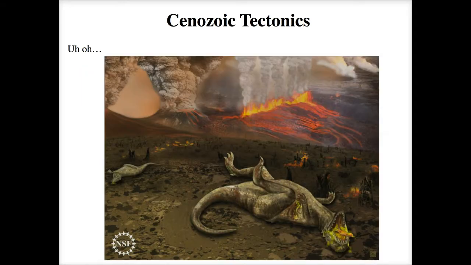No, no, no. Look, here's more dead dinosaurs. And what we got going on in the background there is very effusive volcanic activity. So a little bit before the end of the Cretaceous, you have some very large outpourings of basalt in India.